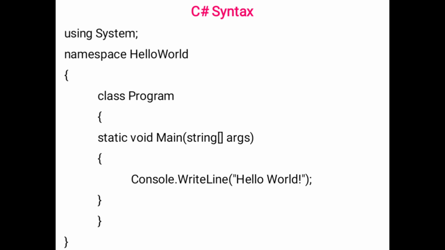Next, namespace HelloWorld, open curly brace, then the class definition: class name, open curly brace, and the Main method definition: static void Main(string[] args), open and close curly brace, and within that Console.WriteLine("Hello World"). So this is the sample C# program.